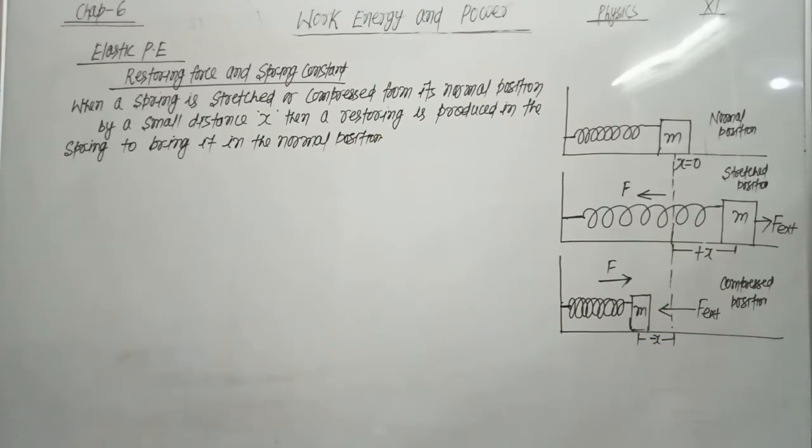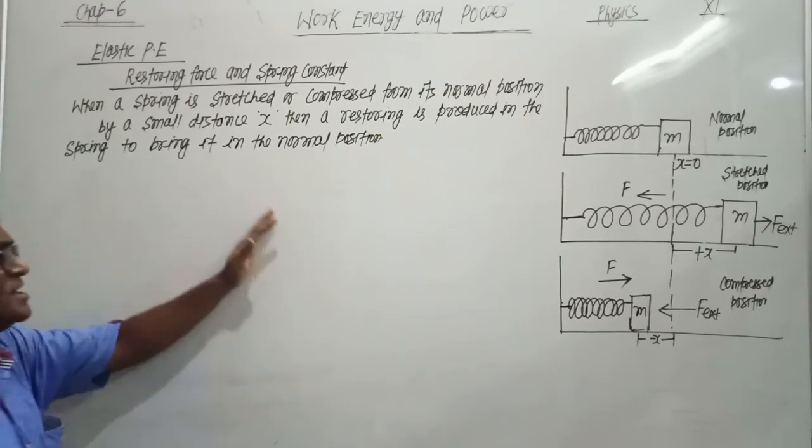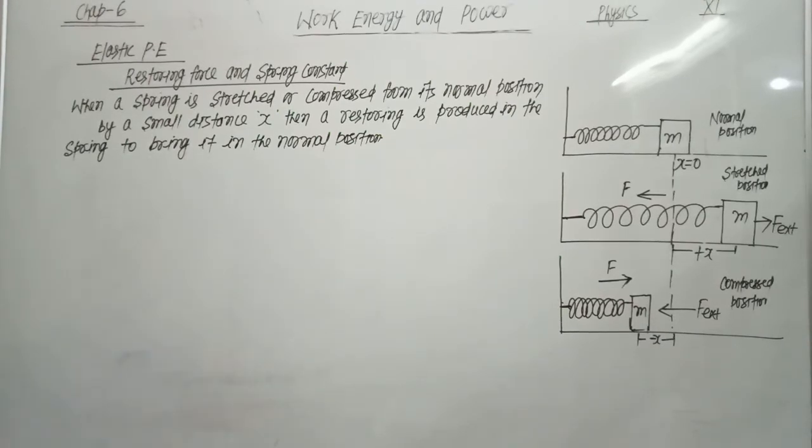So when a spring is stretched or compressed from its normal position by a small distance x, a restoring force is produced in the spring to bring it to the normal position.